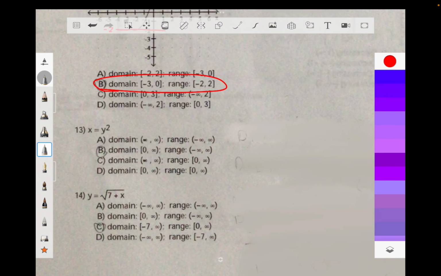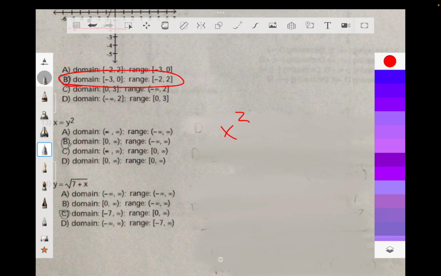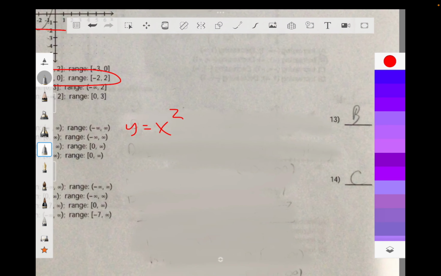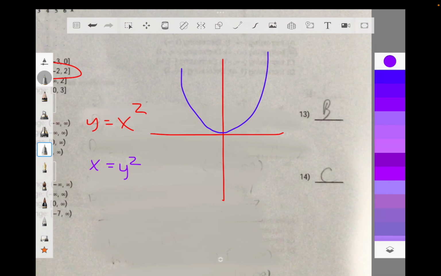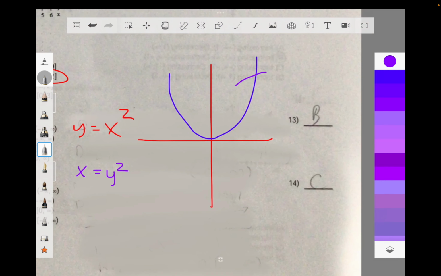X equals y squared. So y equals x squared is this graph. It's a parabola, or that one. However, let me do purple now. X equals y squared is that same parabola, but it falls over, and it's like that.